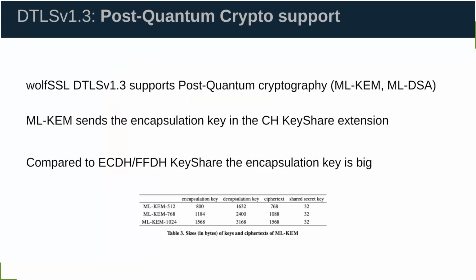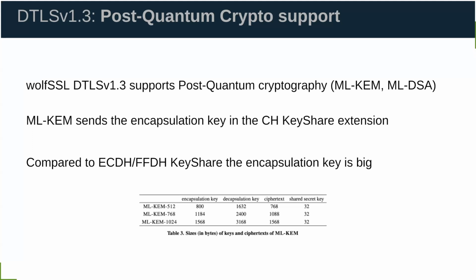This is something that deals with DTLS and post-quantum cryptography. So in post-quantum, one of the problems is that the public key, let's call it the encapsulation key, and the ciphertext, which are basically what is transferred on the wire, are way bigger compared to standard classic key share algorithms.